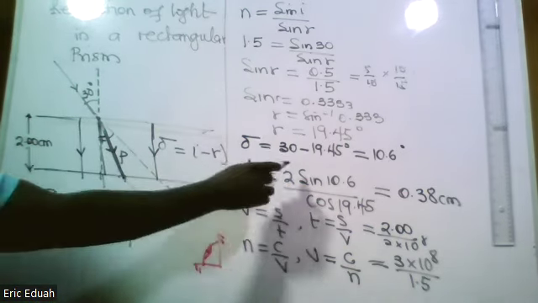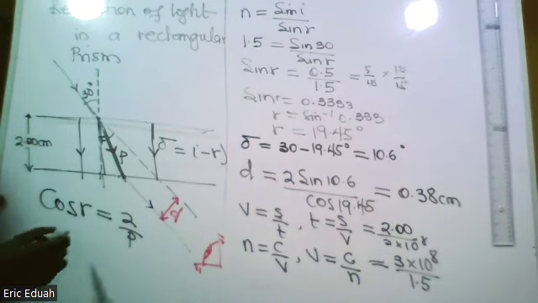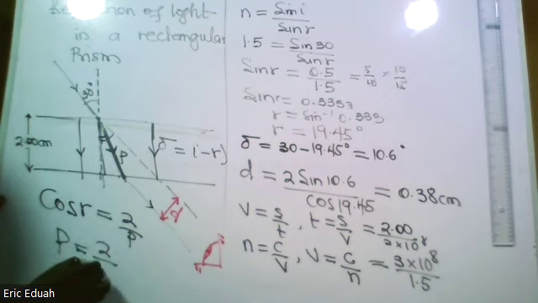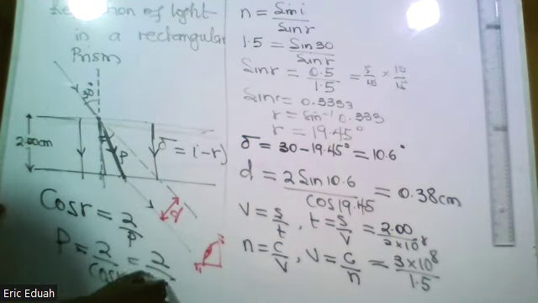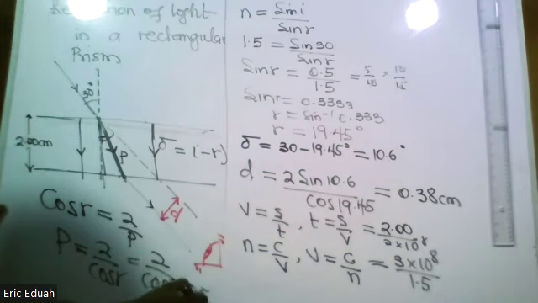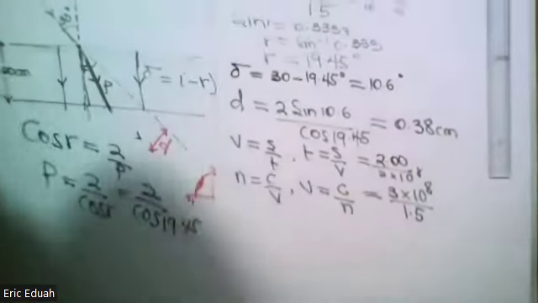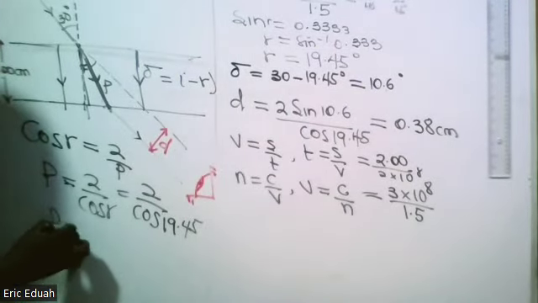R, we have it. R is 19.45. Therefore, P, which is the hypotenuse, will be 2 over cos of R. So 2 divided by cos 19.45.